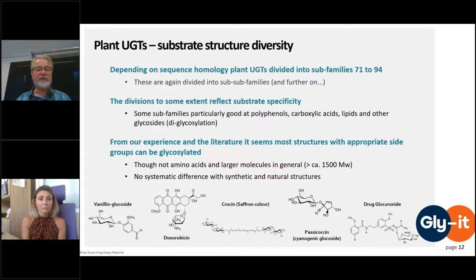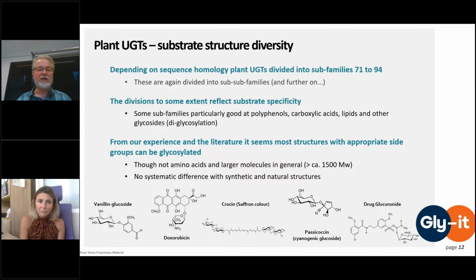But from our experience, and as I said, that's about 18 years, and the literature, it seems that most structures with appropriate side groups can be glycosylated. There are limitations though. We have never seen amino acids being glycosylated, and that's probably because they are sort of sacred or holy compounds in living cells.